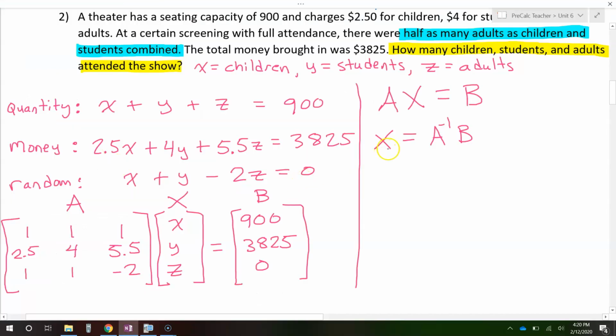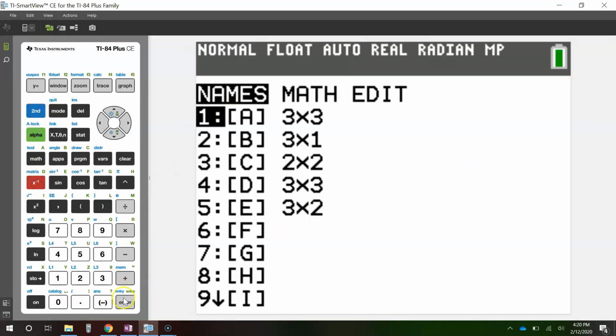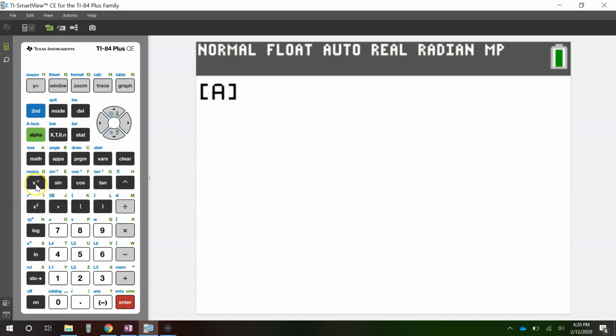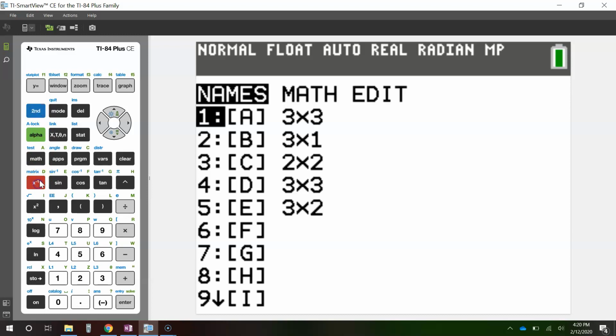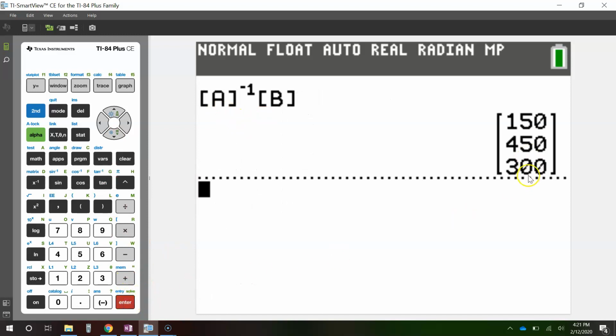So what we want on the calculator screen is A inverse B. Go to the matrix area, hit enter for matrix A, hit this button to make it the inverse, go back to the matrix area, go down to B. Now we have A inverse B. Hit enter, and these are the answers: 150, 450, 300.